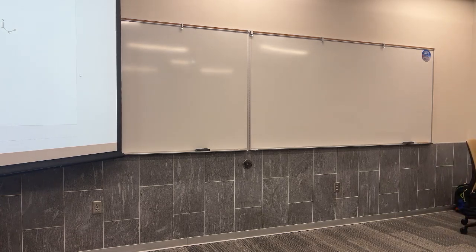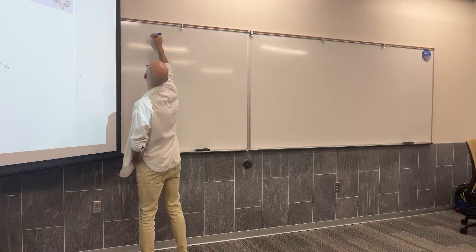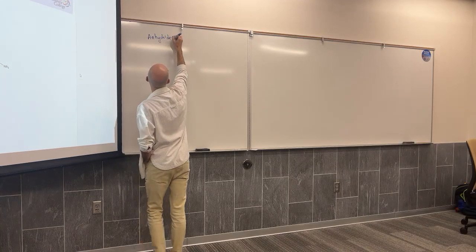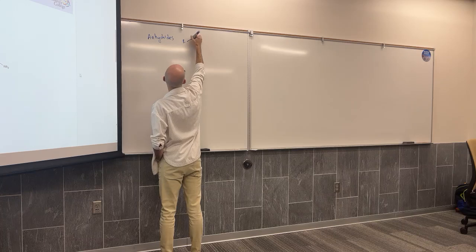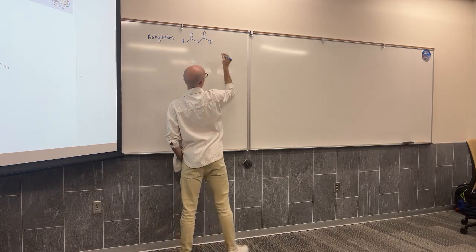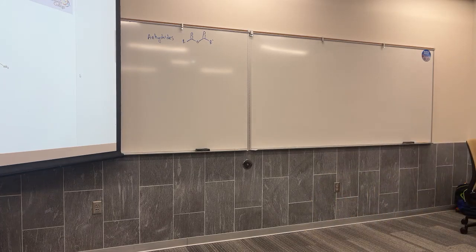I actually want to look at a few specific examples when it comes to anhydrides. We can have what are called symmetric anhydrides, and we can have asymmetric anhydrides.